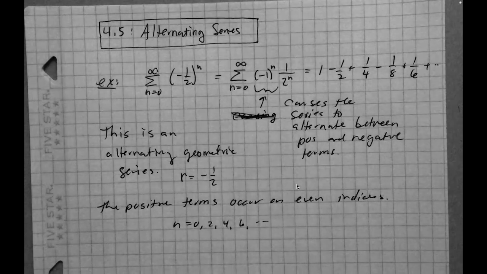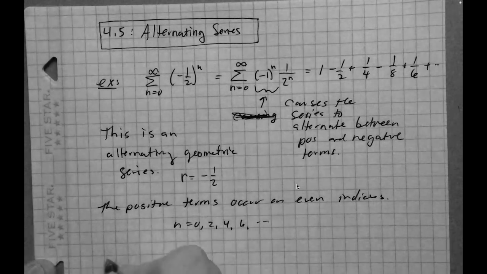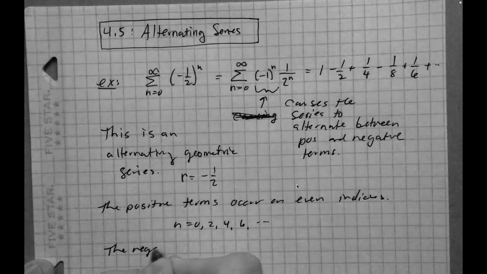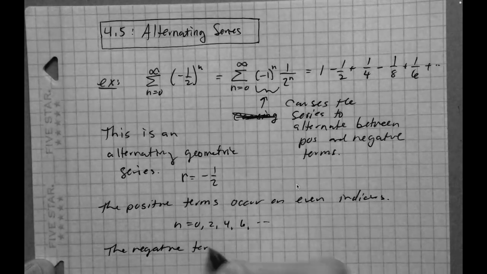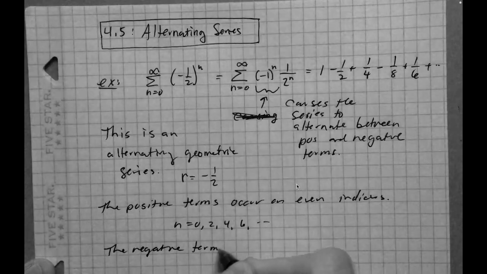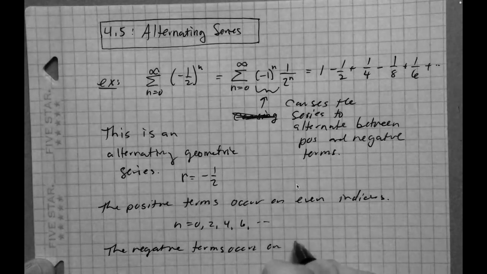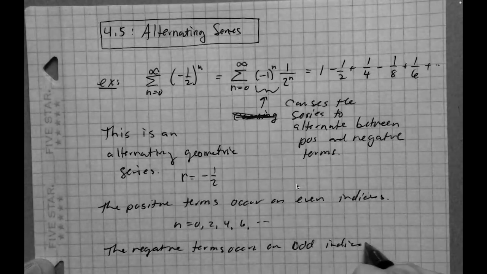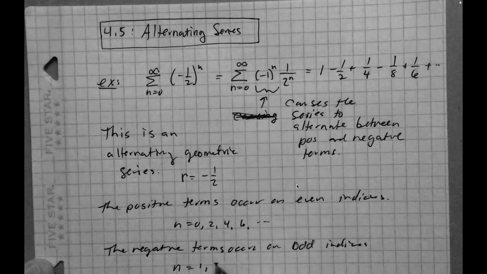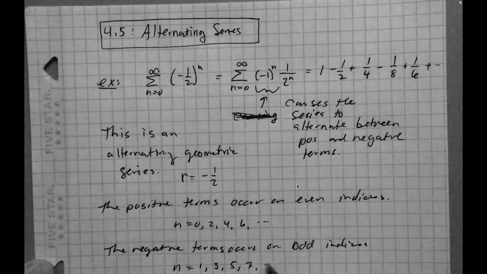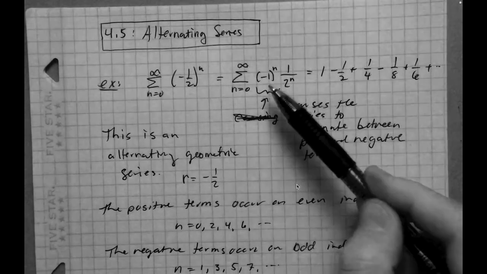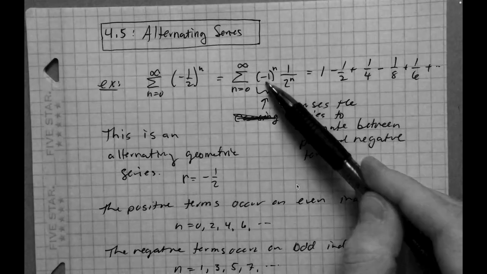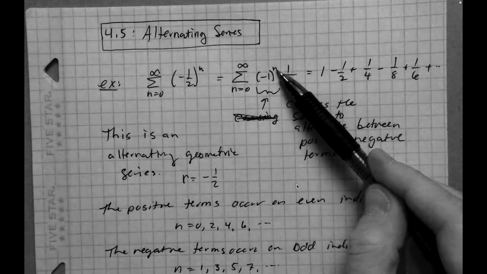Now in this example, the negative terms therefore occur on the odd indices, whenever n is equal to 1, 3, 5, 7, and so on. That's just because the exponent on the negative 1 piece here is just n.